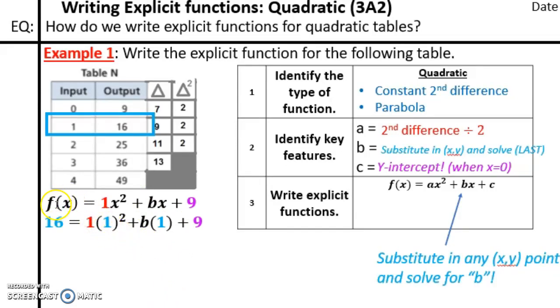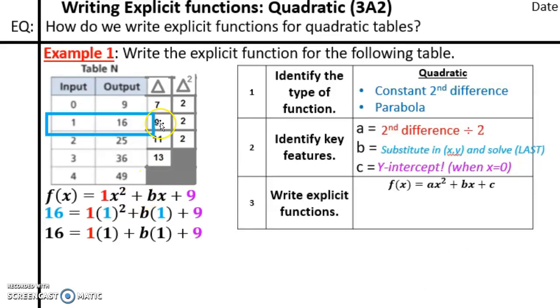Okay, so here f of x, when you substitute 1, which is your output, which is 16, and then x, we're going to substitute it with 1. So we have 16 is equal to 1 times 1 squared plus b times 1 plus 9.